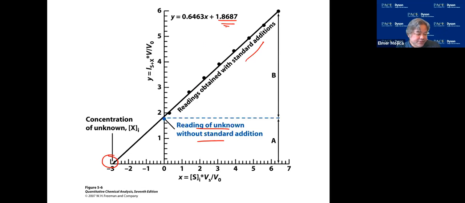Now, the other thing that they do is they use an internal standard. So what's the difference between the internal standard and the standard addition? In the standard addition, you're adding a standard that is similar to the analyte that you have.